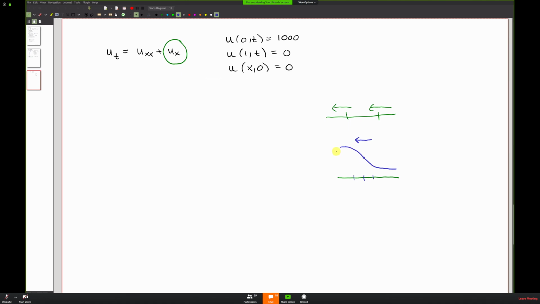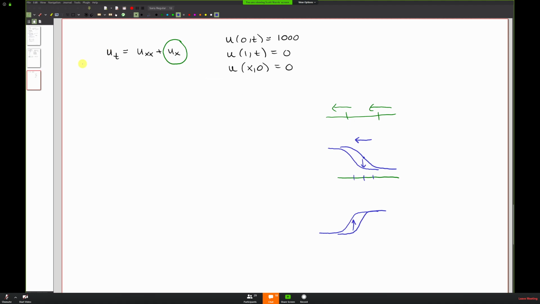And so as I move this temperature profile, my temperature is decreasing, at a rate proportional to the existing slope. Whereas if my temperature profile looked like this and it's moving to the left, then my temperature would be increasing over time. Positive slope means positive increase in temperature over time. And so that's where this new term comes from.